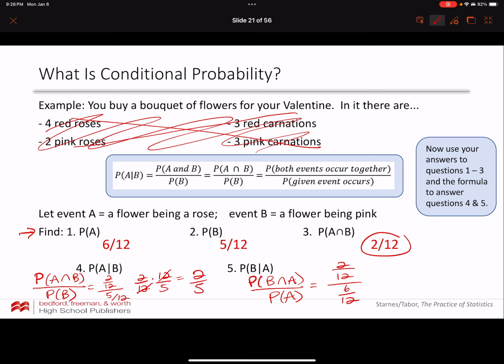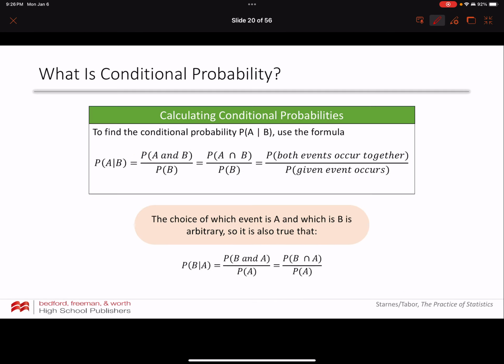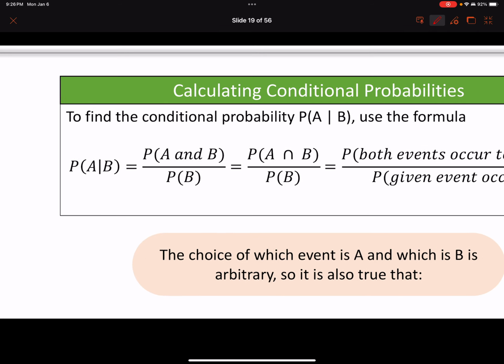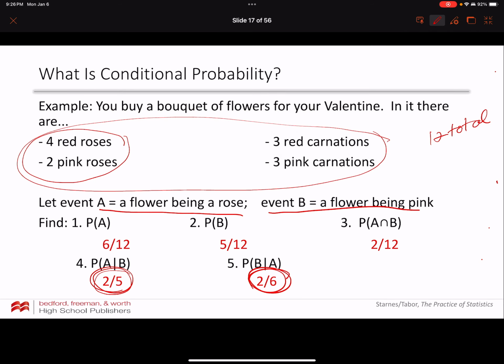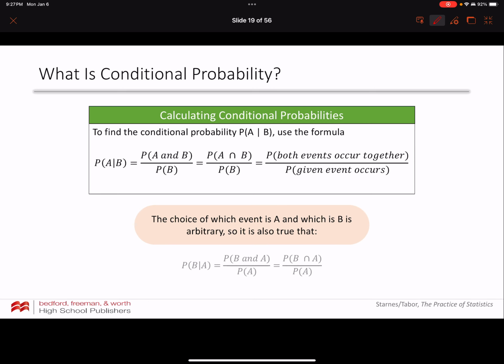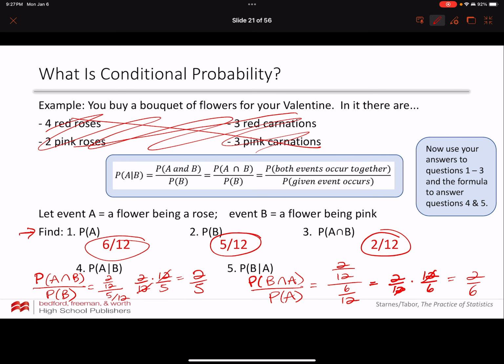I'm just looking at these probabilities. So I know 2 out of 12 times 12 over 6 is going to be 2 over 6, or 1/3. And if I go back, we got 2 out of 6 from the sample space as well. Okay, so either method, using the sample space, you need to be able to do. You also need to be able to use the formula.